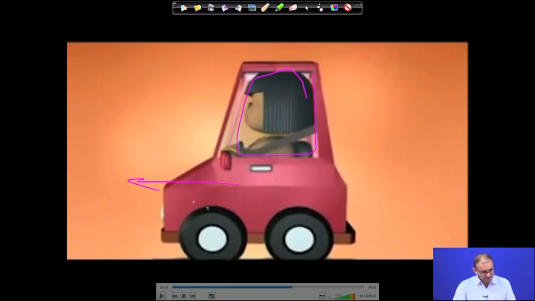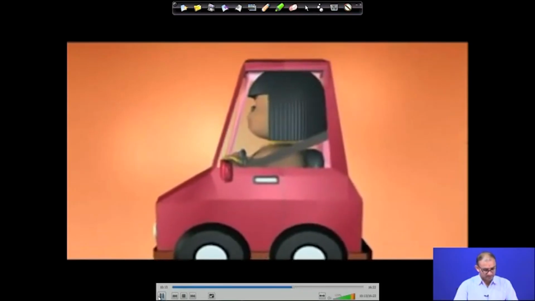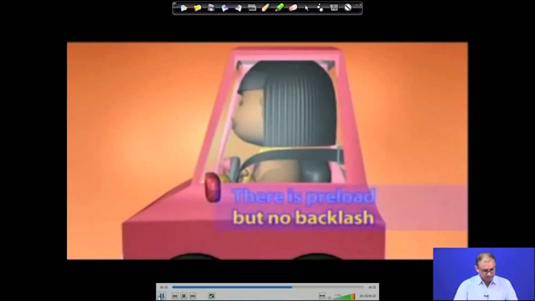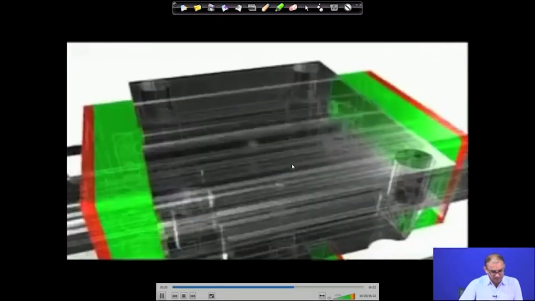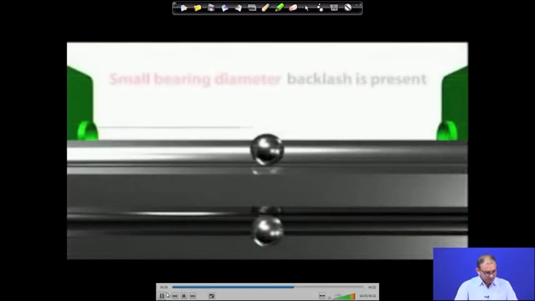When this car is moving and then suddenly stops, this particular person will not get any motion in any direction. Correct. So, there is a preload and no backlash. This is called the preloading of that part. That is also required in this particular case, because what is going to happen here?